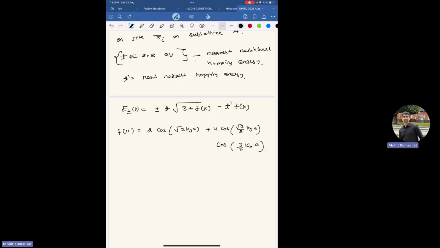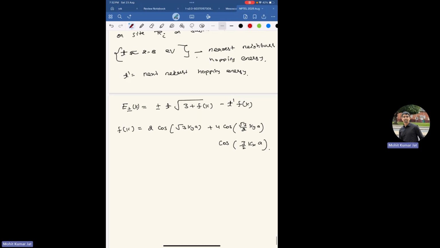It's very clear when t prime is 0, the dispersion is symmetric in electron and hole, and when t prime is not 0, then the dispersion is not symmetric, and you can expand it actually near the K points.